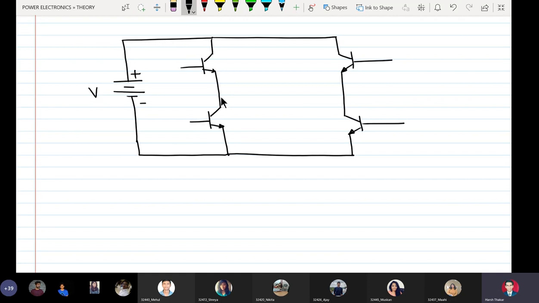Input is V, and students, the change comes here: R, L. Output node A, output node B. Okay.